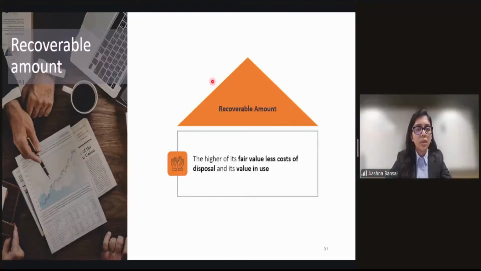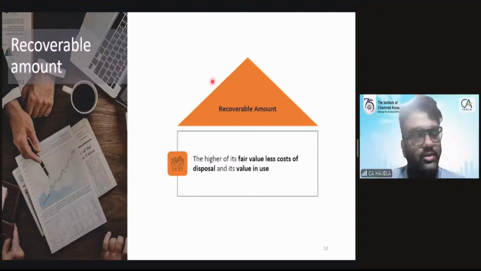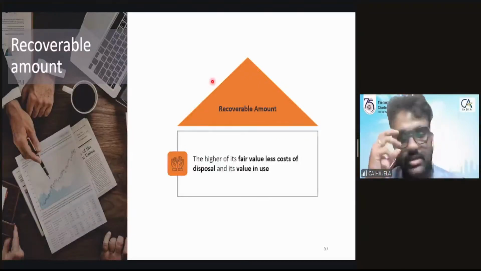Okay, sir. The next question is: if a PSU has an asset that is impaired due to government regulations, for example a scheme was discontinued, how is the impairment loss recognized and disclosed? It will follow the same guidelines that we have studied so far. The carrying value will be checked against the recoverable amount. Since government regulation is one of the key external factors, we will impair our asset as per the calculation that we have learned.